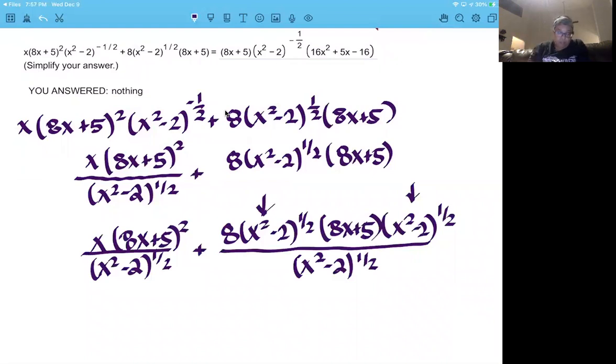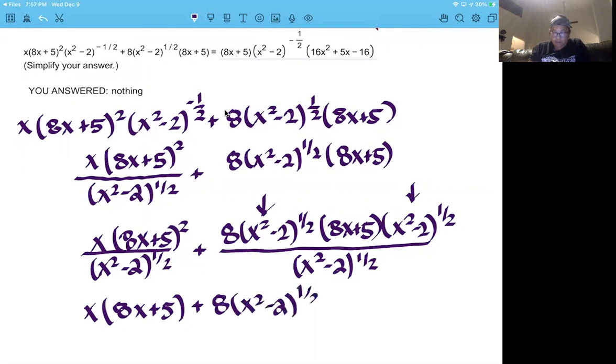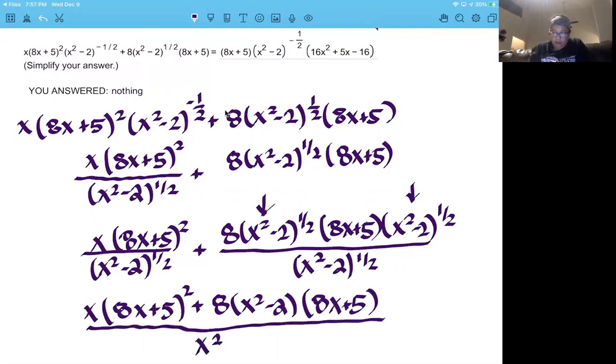So now this side is just going to have an x squared minus 2 to the power of 1, and then I have an 8x plus 5, all over (x squared minus 2) to the 1/2.